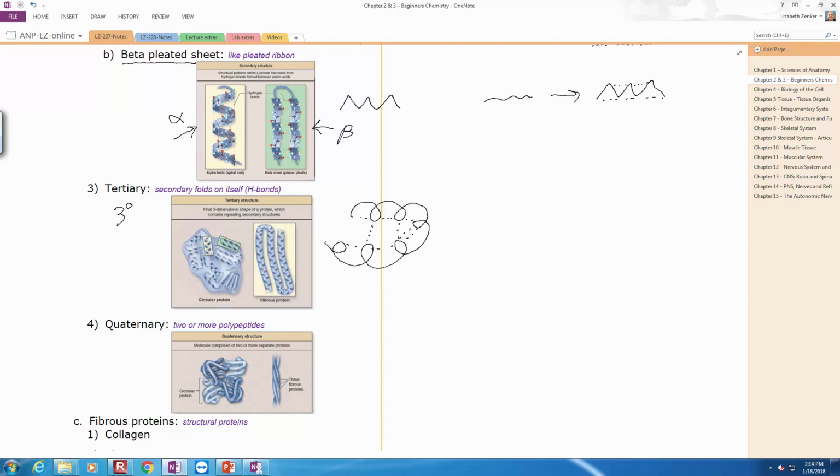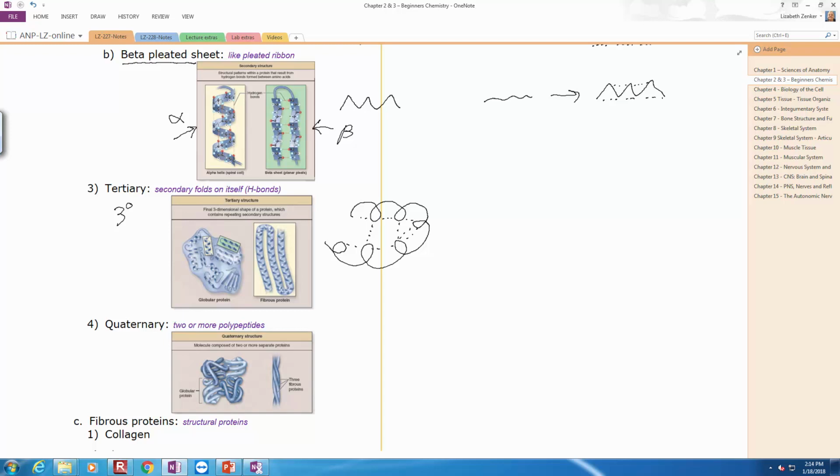So you could either have alpha helix only or beta pleated sheet only, or both could be occurring in a tertiary structure. So it could be a beta pleated sheet that folded in and created an alpha helix on another area. Okay? And so this is tertiary structure.